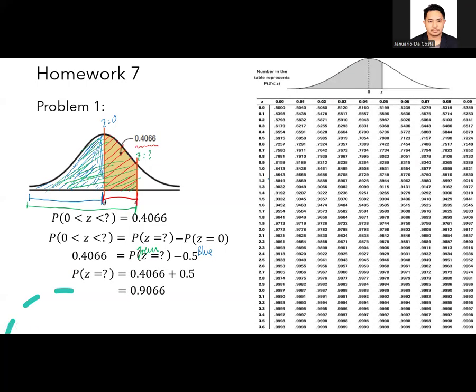So z equals 0 is 0.5 from this table over here. Okay? Yes, teacher. Then you just transform it back to the left side and rearrange algebraically. You get 0.4066 plus 0.5 equals 0.9066.